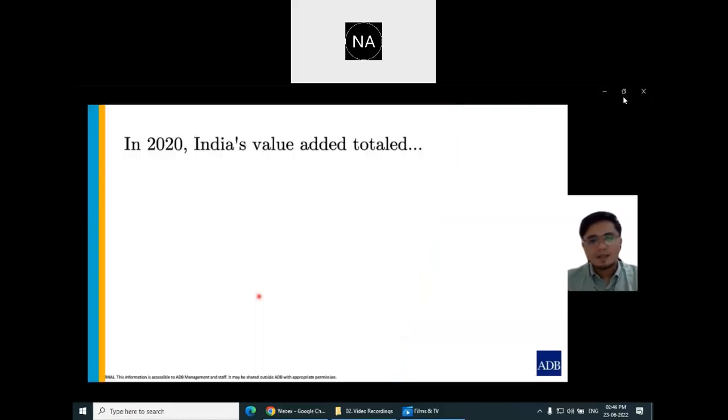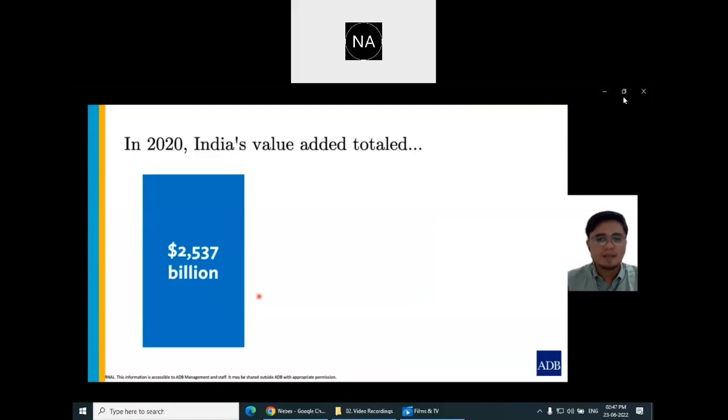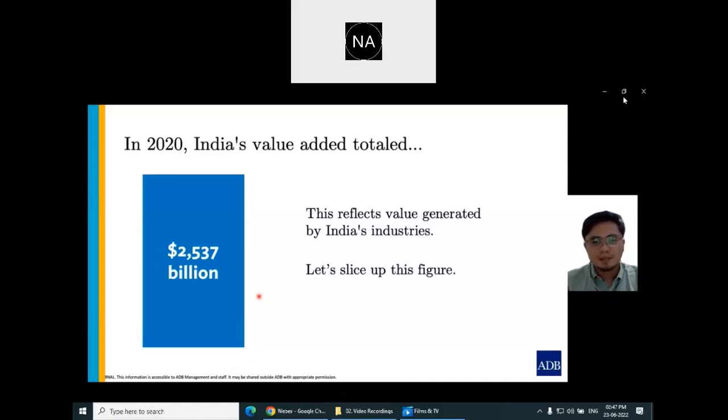Let's consider this example. In 2020, India's value added totaled 2,537 billion US dollars. Now, this reflects value added generated by India's industries. We can then decompose or slice up this figure.